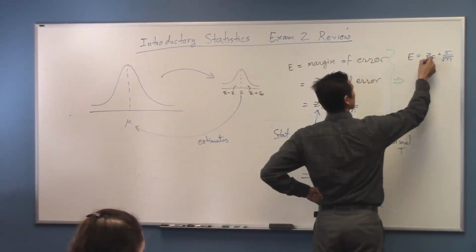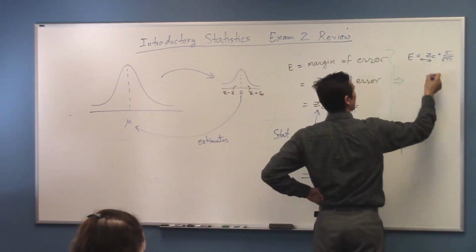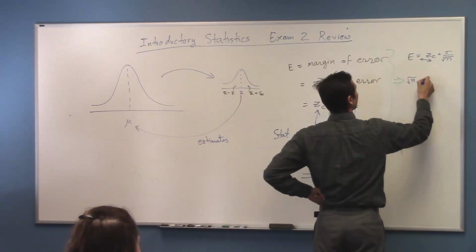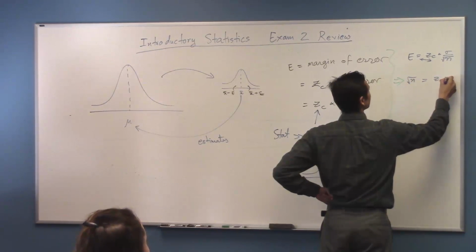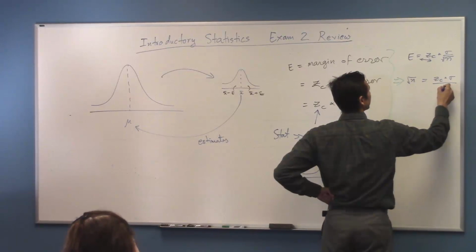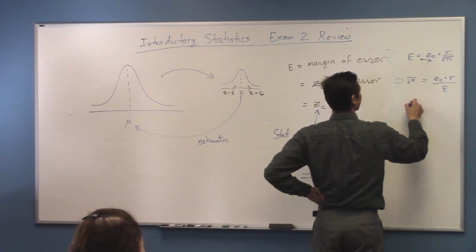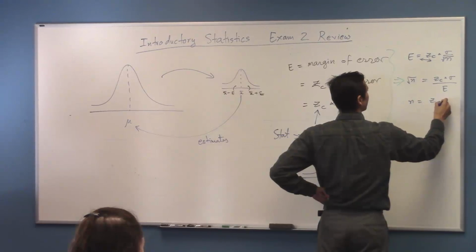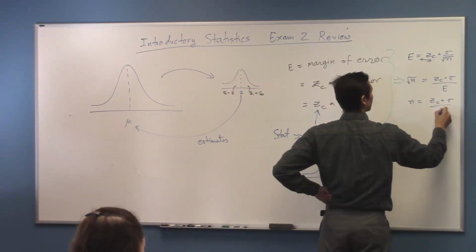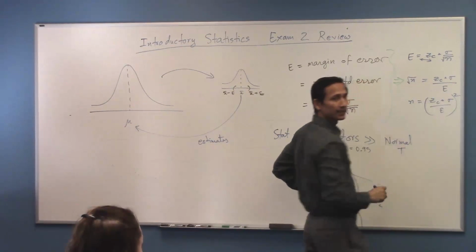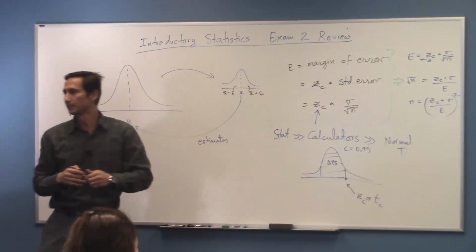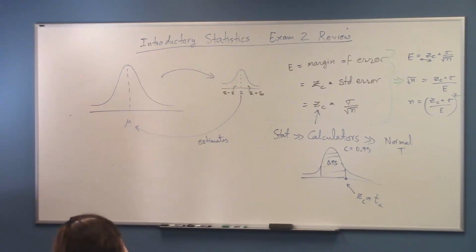If you use the cross multiplication property, then square root of n is going to be ZC times sigma divided by E, and if you square both sides, you get n. Okay. So you will use that.